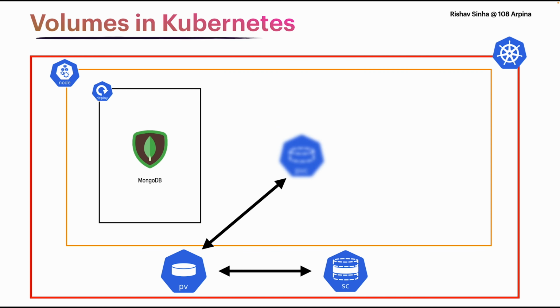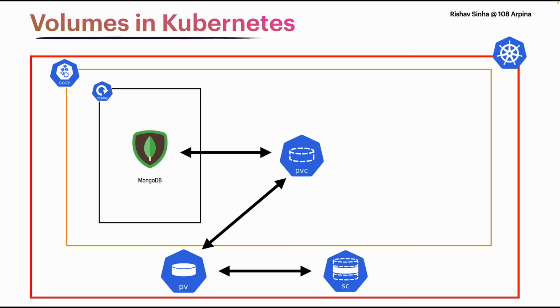Now this persistent volume is basically node specific. A single node can have multiple PVCs, but those will exist on the current node only, and that PVC can be accessed by our running pod, that is the MongoDB server in our case.